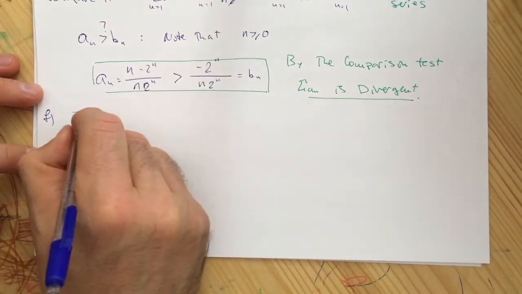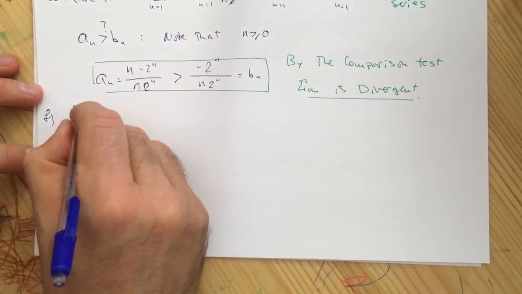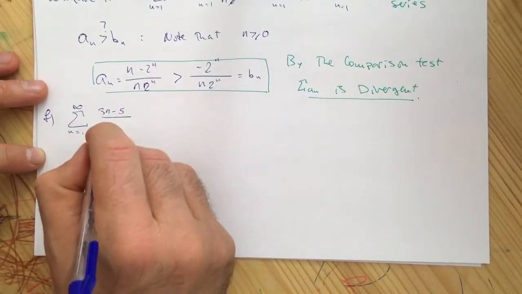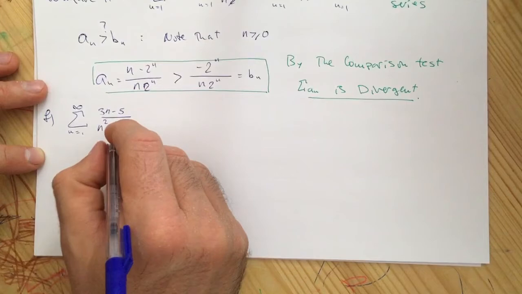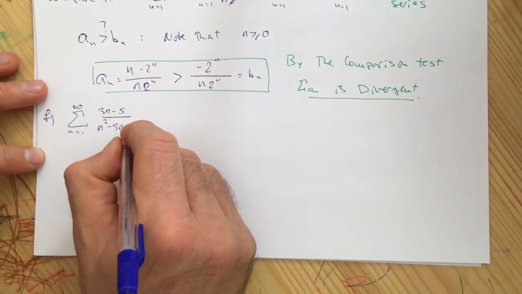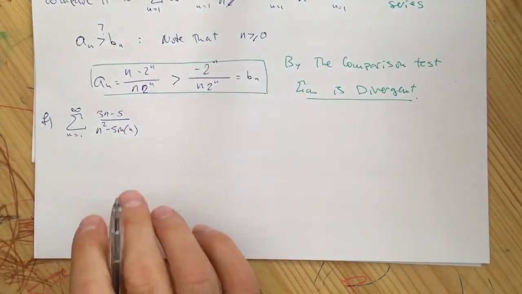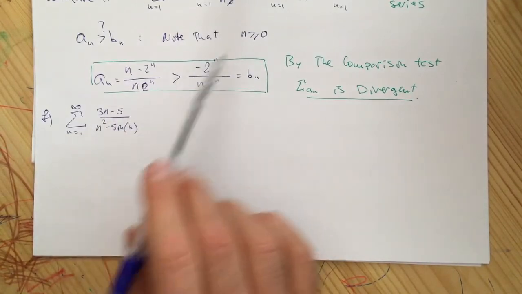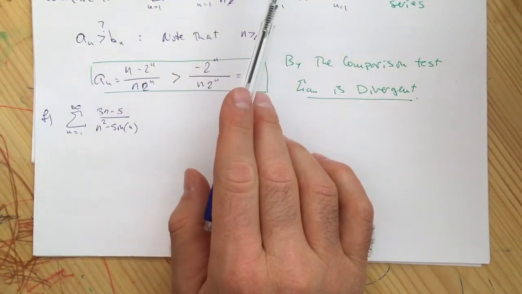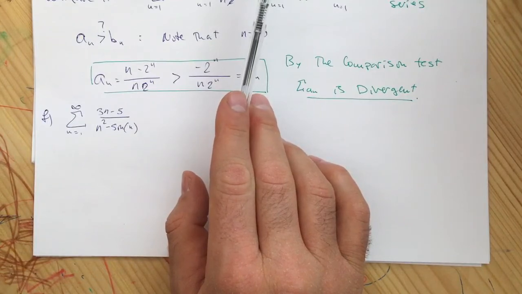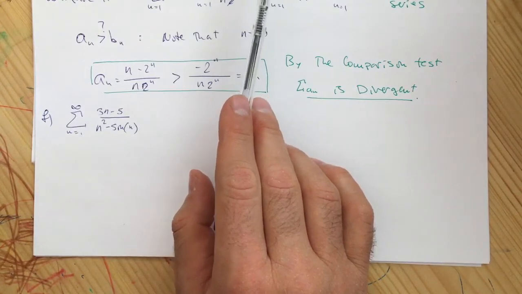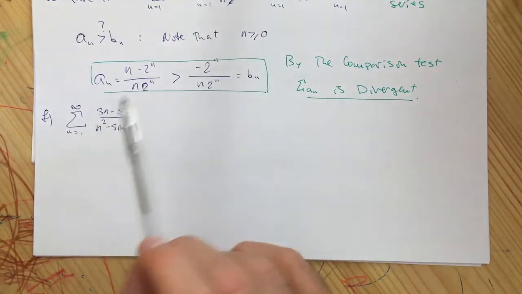The next question is the sum as n goes from 1 to infinity of (3n minus 5) over (n squared minus sine of n). Okay, the test for divergence, which you could have done here also, would have been inconclusive because this limit is 0.